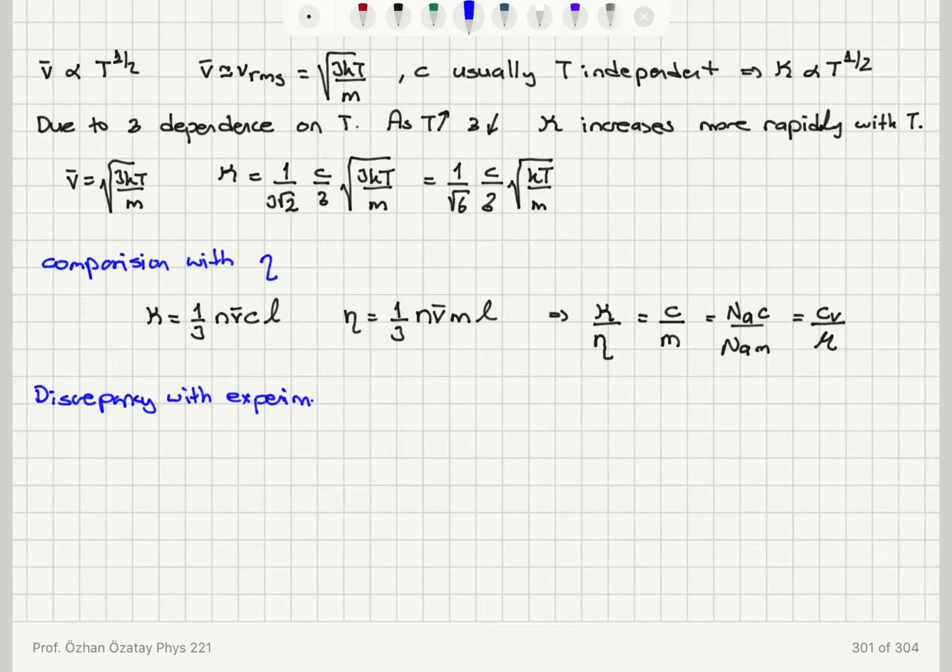Basically, we're using a not very rigorous theory. The discrepancy comes from the fact that we did not take into account any speed distribution.